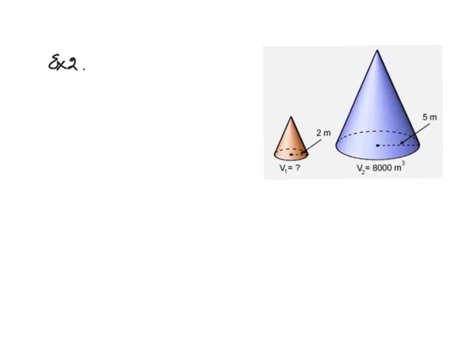Example 2, we're dealing with 2 cones. So let's work out the linear scale factor. Why don't we do reduction this time instead of enlargement?